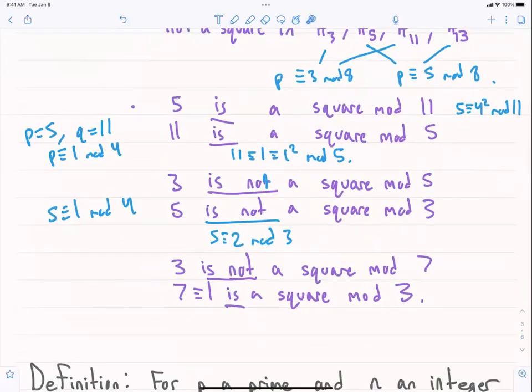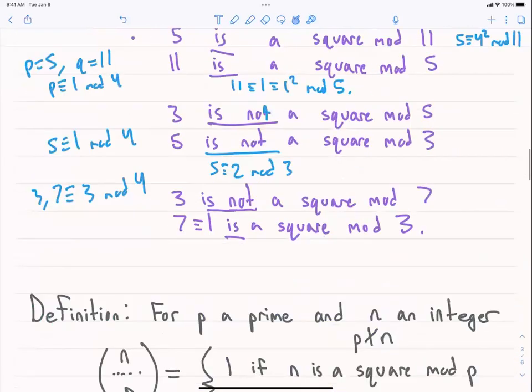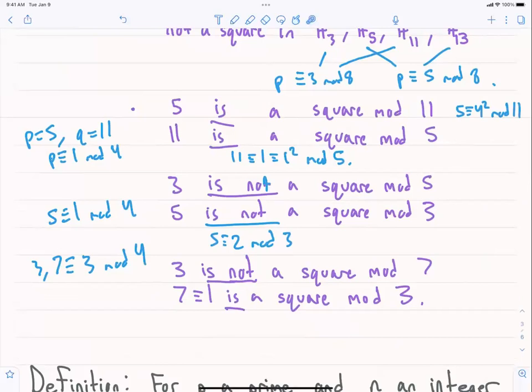And then let's check this case where they're not congruent to 1 mod 4. So if I look at 3 and 7, they're both congruent to 3 mod 4. So in this case, what was my observation? Then it's supposed to be the opposite. So P should be a square mod Q if and only if Q is not a square mod P. And we can check, 3 is not a square mod 7. The squares mod 7 are 0, 1, 2, and 4.